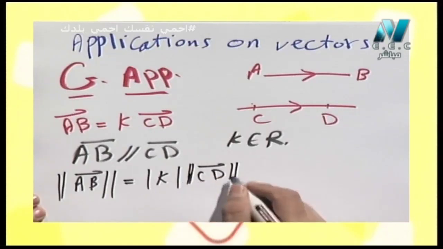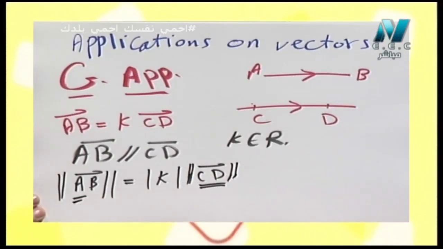The norm of a vector is its magnitude or its length.